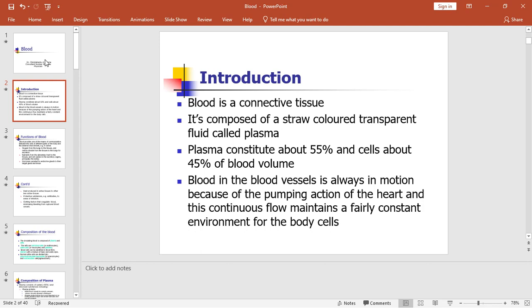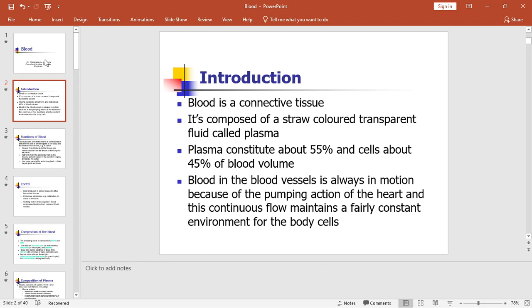Obviously, the liquid part of blood is called plasma. There are a number of types of cells that you're going to find in the blood. And for your information, this liquid part of the blood, which is called plasma, makes up 55% of blood volume, whilst the cellular part makes up 45% of blood volume.